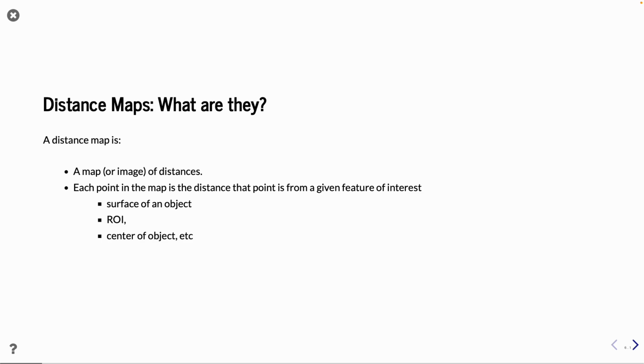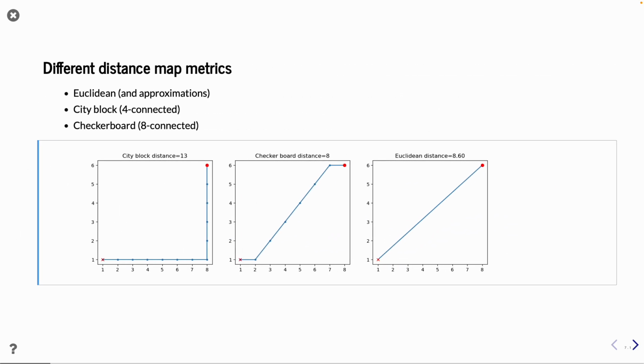That would give more information than what we can do with the surface of an object or region of interest or center object or something like that. And again, we have different ways of looking into these metrics, based in part on the neighborhood, but also directly Euclidean.